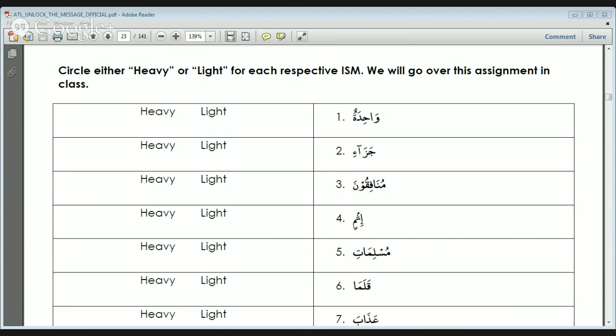Who's not done? Is everyone done? Okay, let's go over it.